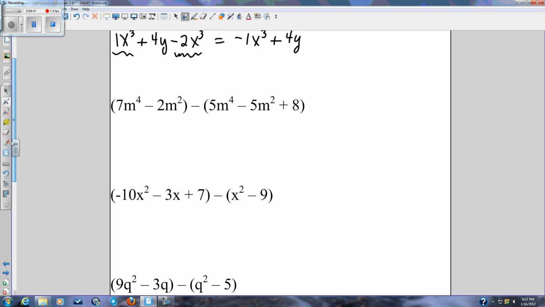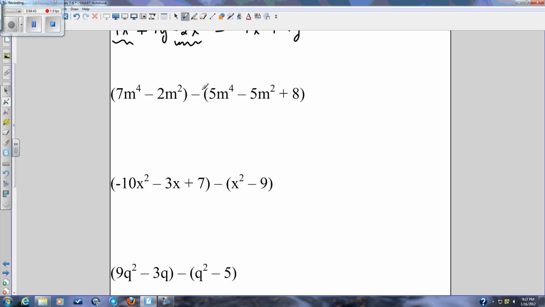Going on to the next set, you have a 1 that you need to slide in front of the polynomial you're subtracting, so you're going to multiply the second polynomial by negative 1. So we get negative 5m to the fourth plus 5m squared minus 8. Keep your first polynomial.